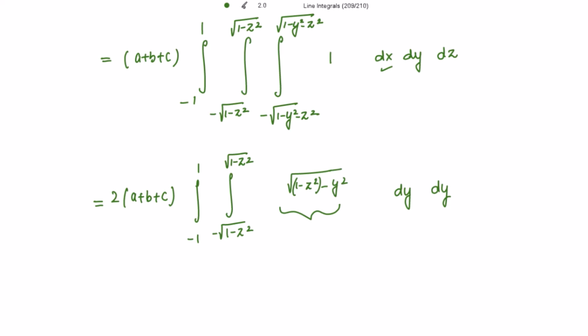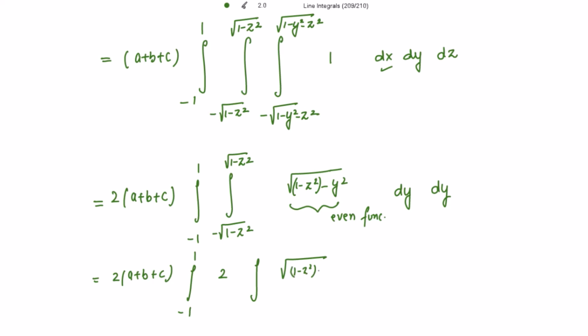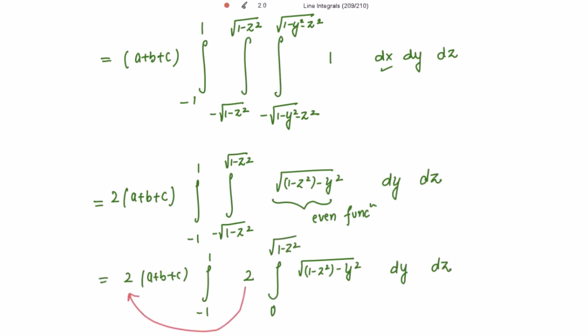That doesn't matter. Now we are going to apply the formula for this integration. Because this is an even function, and whenever we have an even function and the limits are the same with opposite sign, this integral becomes twice the integral of the square root of 1 − z² − y², but the limits are now from 0 to the square root of 1 − z². Taking this 2 outside, we get 4 times (a + b + c).